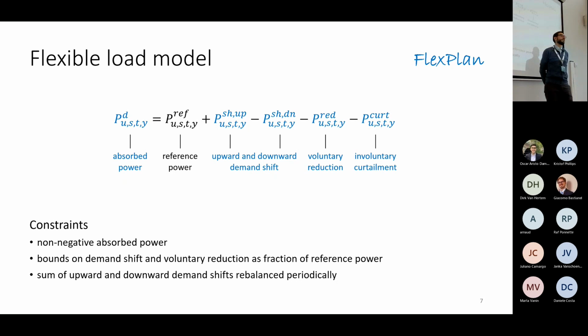In this case, this is a planning problem, not an operation problem. So we consider also the demand shift for 2050, let's say. So it's not realistic to claim that we already know what an EV will do 30 years from now.